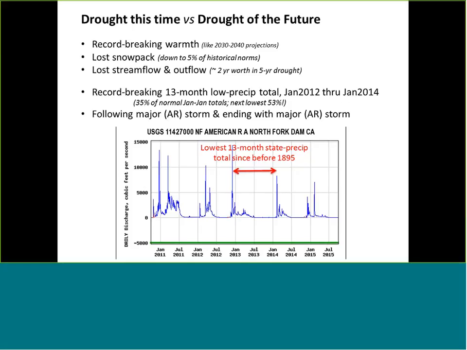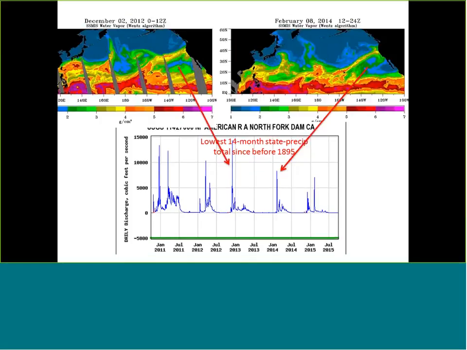I'm showing you there the North Fork American hydrograph. So it began right after a major atmospheric river storm, and it basically ended with the arrival, finally, of another major atmospheric river storm. If you've seen these, the bright colors are where the water vapor in the atmosphere is, an atmospheric river coming up out of the tropics and slamming into Northern California in both cases.